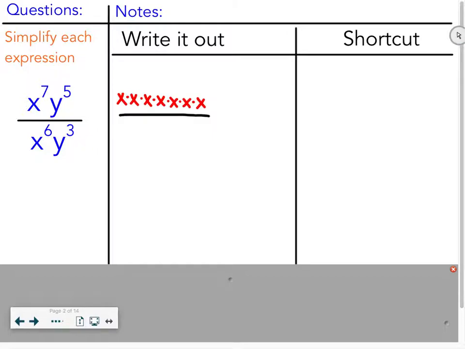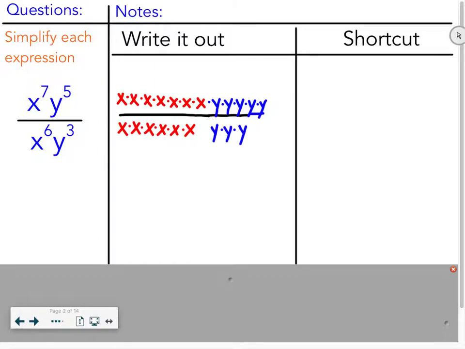And I've got y to the 5th, where I'm going to write out y 5 times. On the bottom, I have x to the 6th. And I've got y to the 3rd.